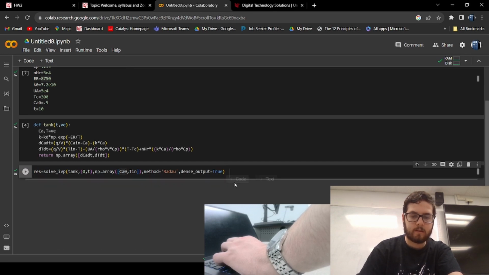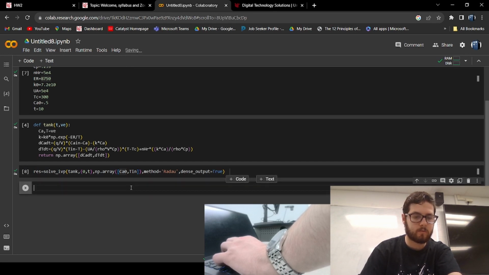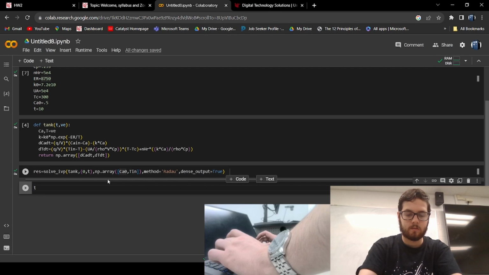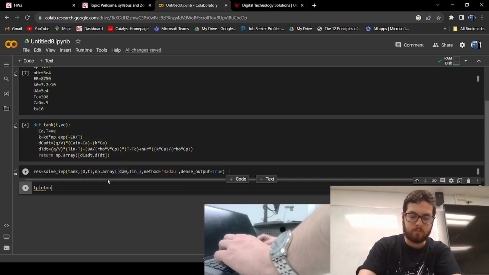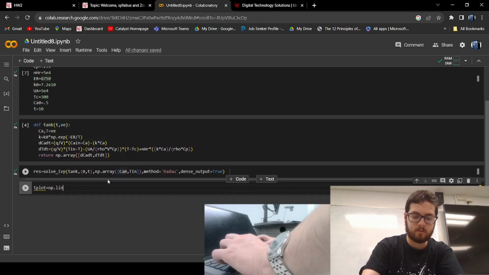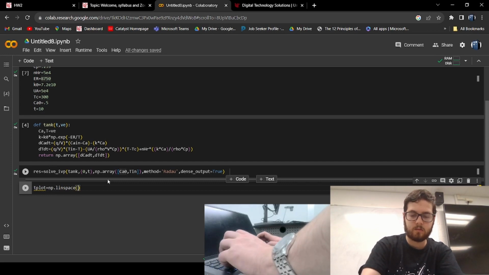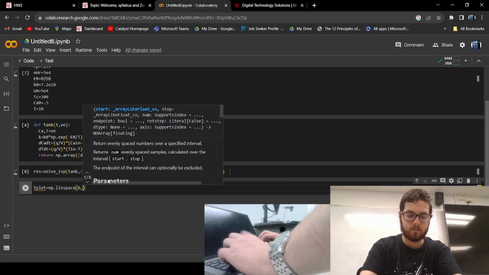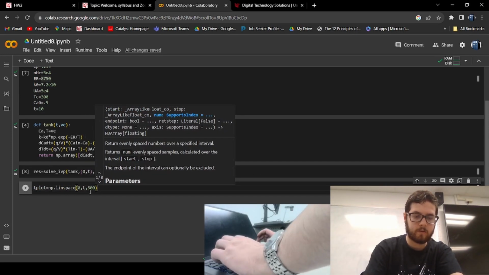Alright. And then we want to plot this. So we need to make a time plot, numpy linspace. We want it from 0 to t with 500 intervals.